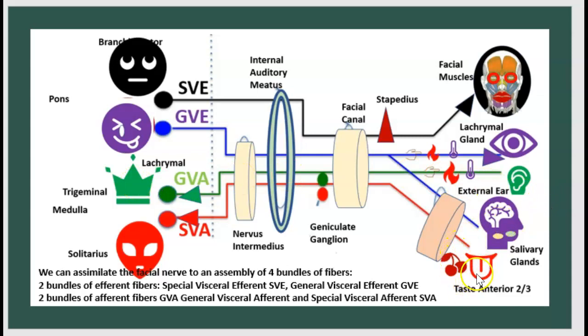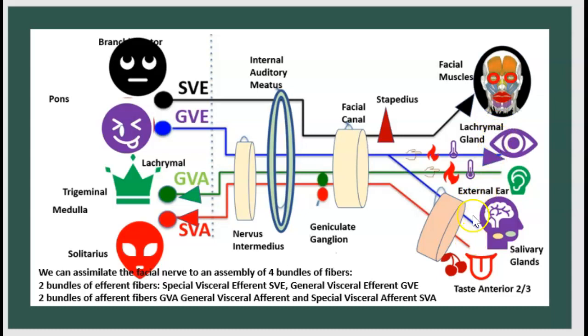And from the anterior two-thirds of the tongue, taste goes to the nucleus solitarius through SVA fibers. Two efferents, SVE and GVE, from branchiomotor to muscles of facial expression, and from the superior salivatory nucleus to the lacrimal gland.